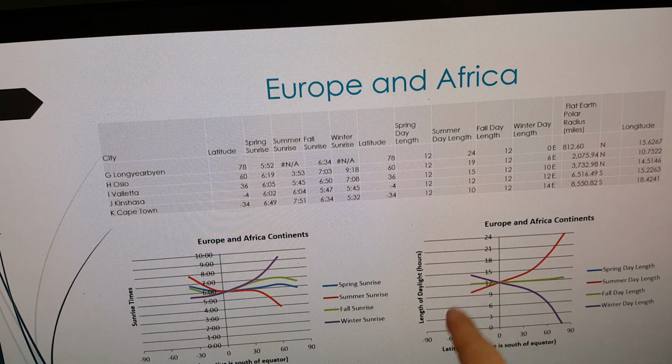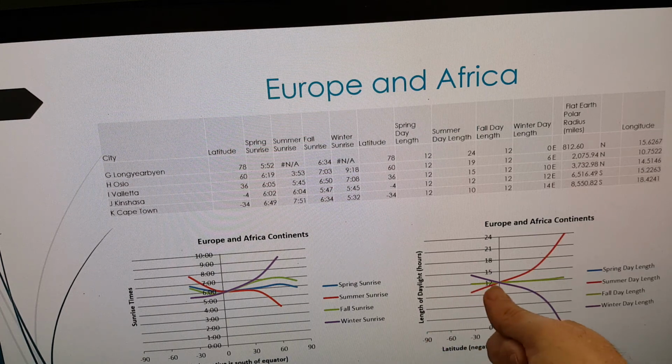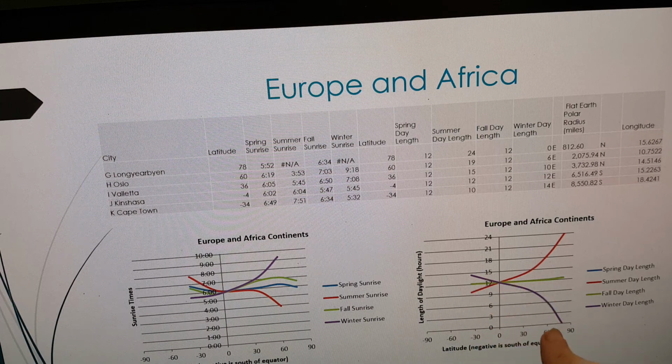Winter, again, has shorter days in the southern hemisphere, or I should say longer days, 15 hours to the shortest possible, down near the South Pole.